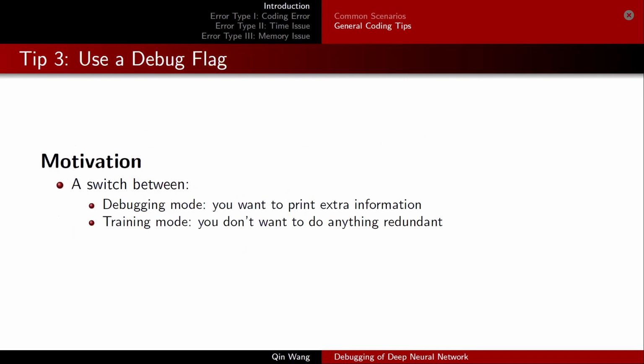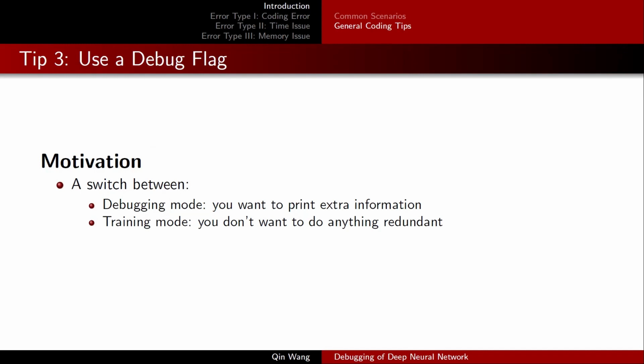Tip number 3, use a debug flag. A debug flag is a switch between debugging mode and training mode. So imagine that during debugging, you wrote 50 print statements everywhere to monitor the variables. Without a debug flag, you have to manually delete all of them during training. Otherwise, the training will be super slow.